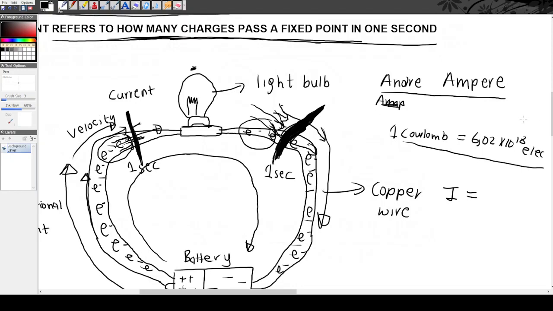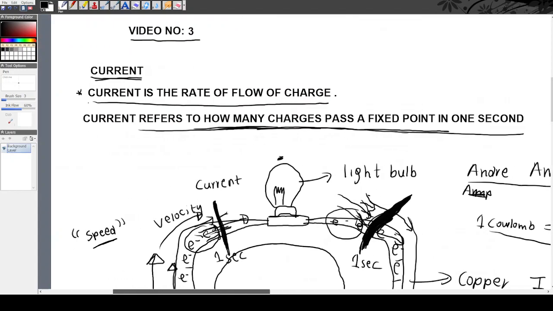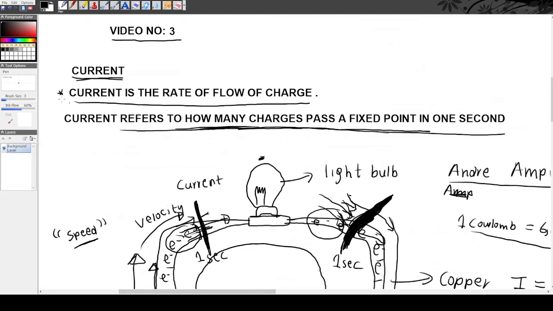Those are two definitions. Maybe you will find this definition easier. If you think this definition is easy for you to memorize or understand, take it, it's okay. Current is the rate of flow of charges. It means it's the speed at which they flow as well as the velocity. Or you can say it's how many charges pass a fixed point in 1 second.